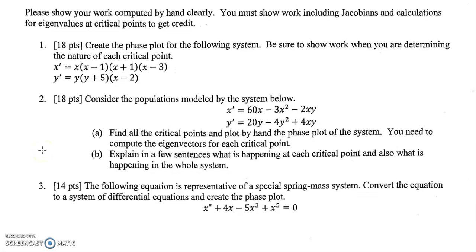I will scroll down in a moment so you can check your Jacobian matrix before you get too deep into the actual phase plot. So go ahead, find your Jacobian. See if you got all your critical points listed out. I'm going to scroll down.